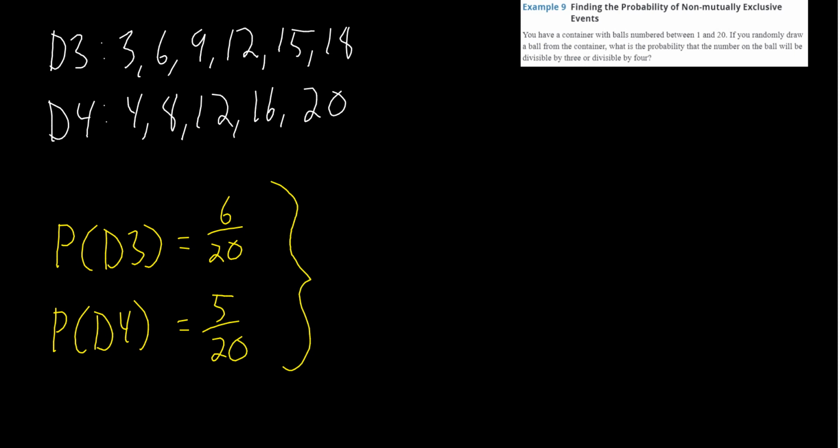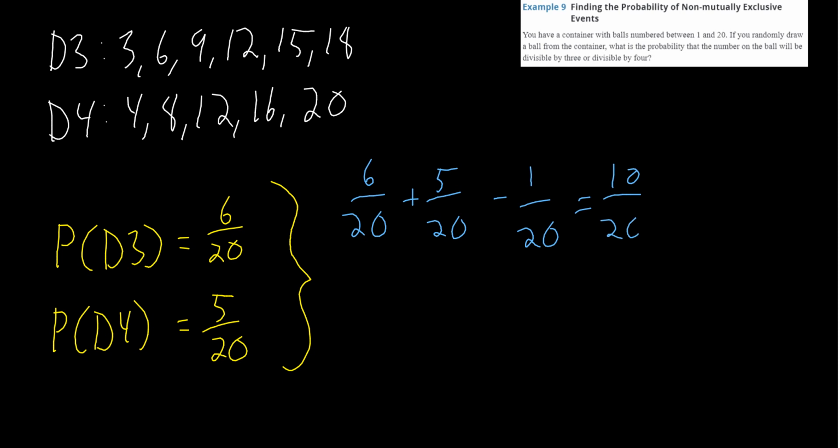We would say 6 over 20 plus 5 over 20 minus 1 over 20, because we have that 1 overlap. 11 minus 1 is 10, so 10 over 20, or in other words, 1/2.